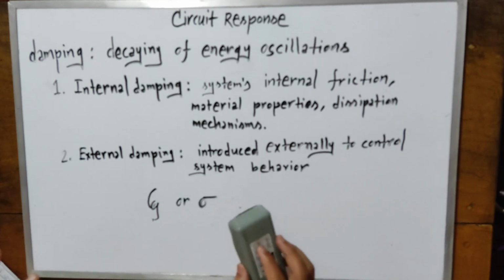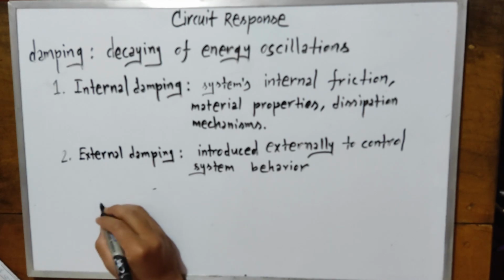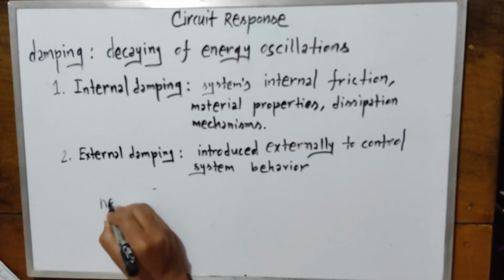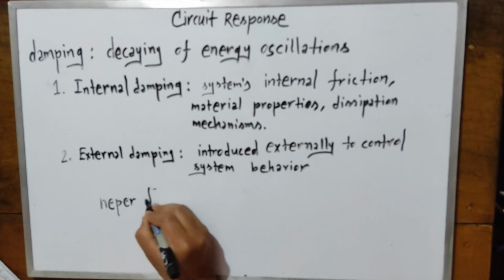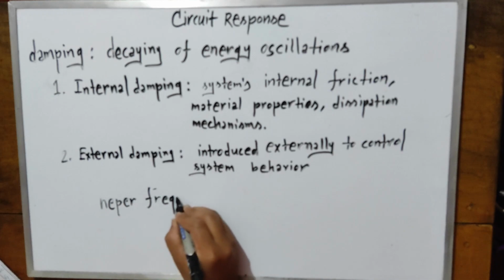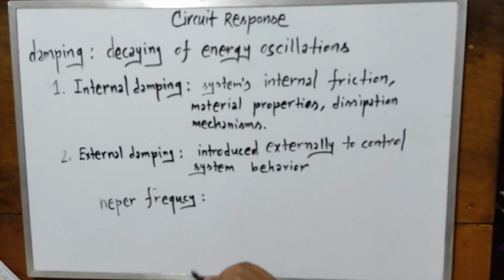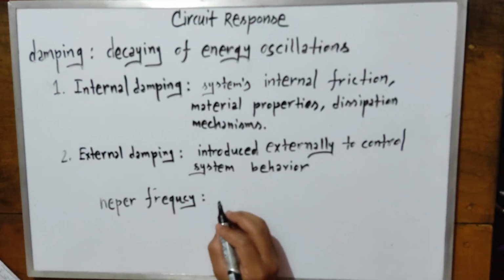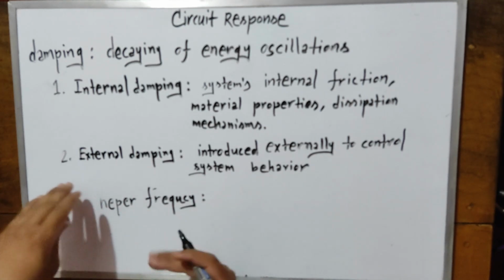Throughout this video, for explaining purposes, I'm going to use another term, which is Neper frequency. Neper frequency is also related to the damping coefficient, also called the damping factor. Neper frequency is the rate of decaying, the frequency at which the energy of a system dissipates.